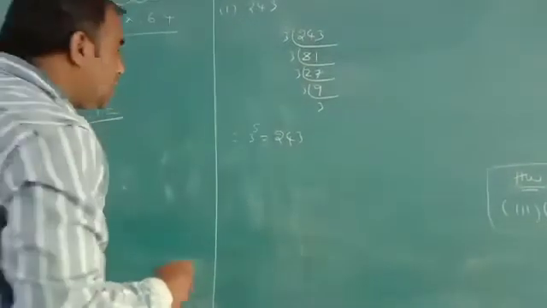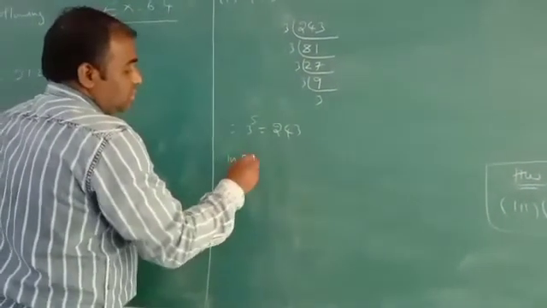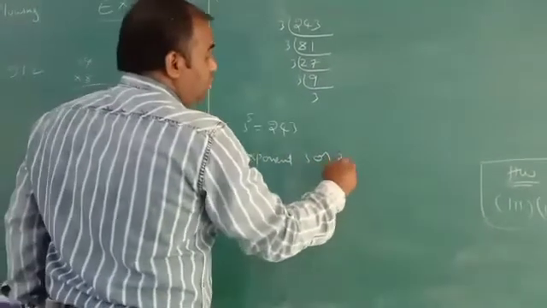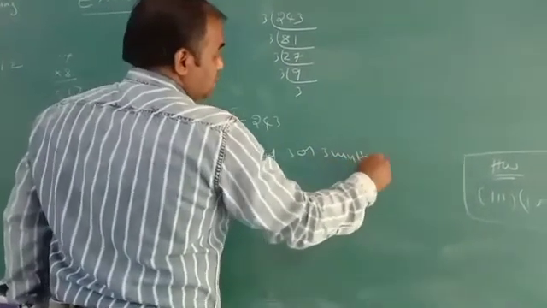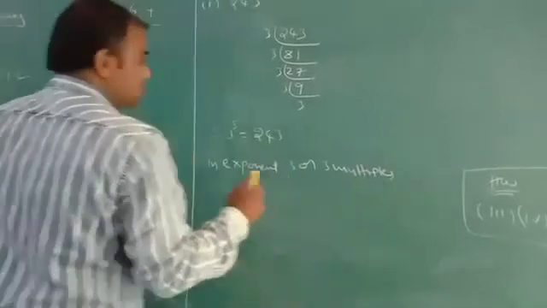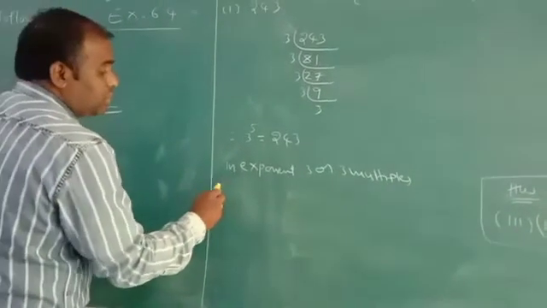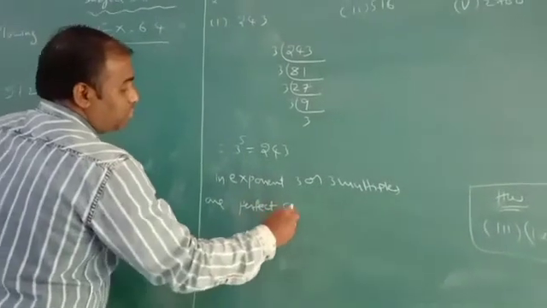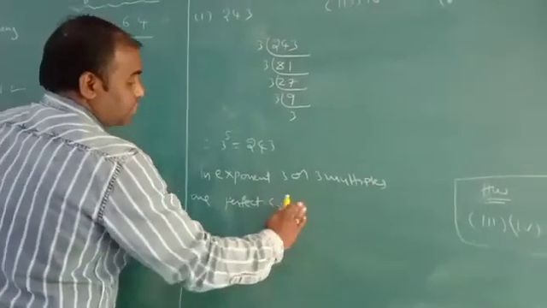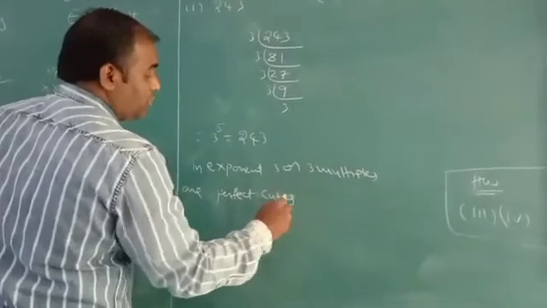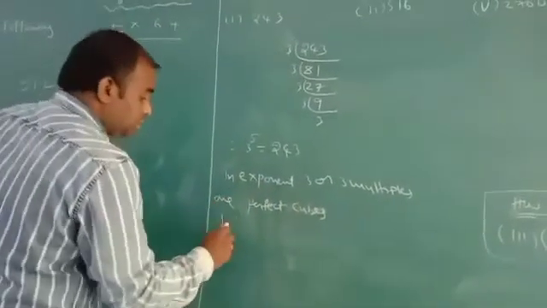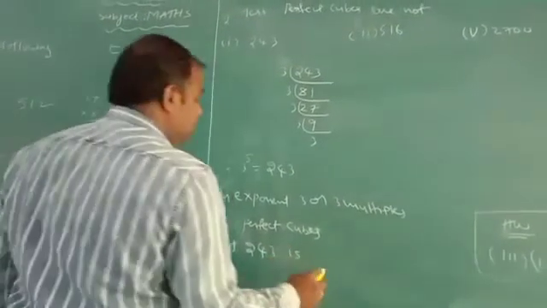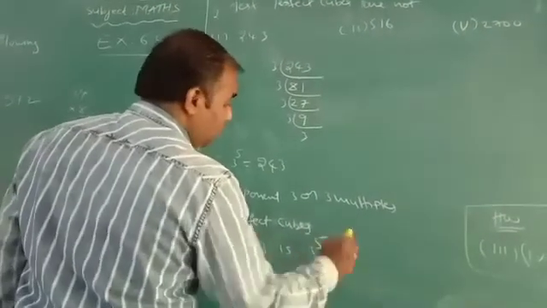See, in the exponent, 3 or multiples of 3 are perfect cubes. But 243 is 3 power 5.